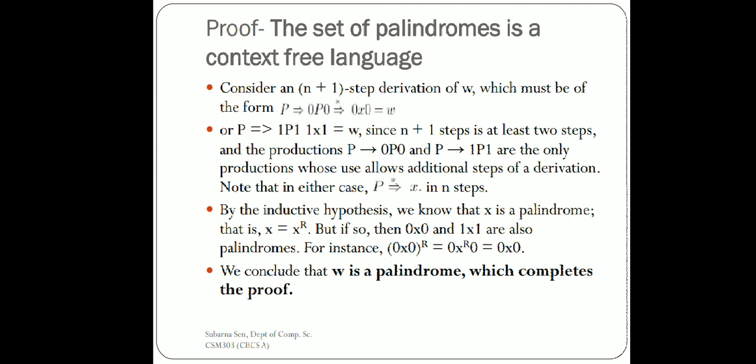So we will repeatedly replace P, and ultimately we will generate a string that is a palindrome. In this case also, whatever the middle string is, if we denote it with x, it should be the reverse of itself. Again, if we follow this fashion, we can come to the conclusion that it is a palindrome, hence it is a context-free language, because we can derive the context-free grammar of it.